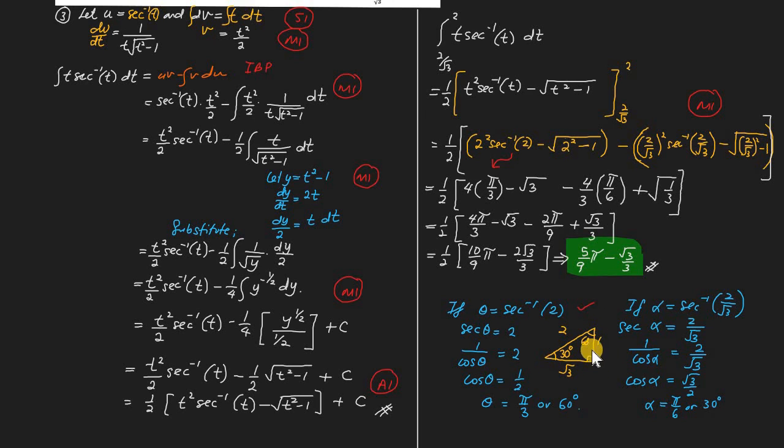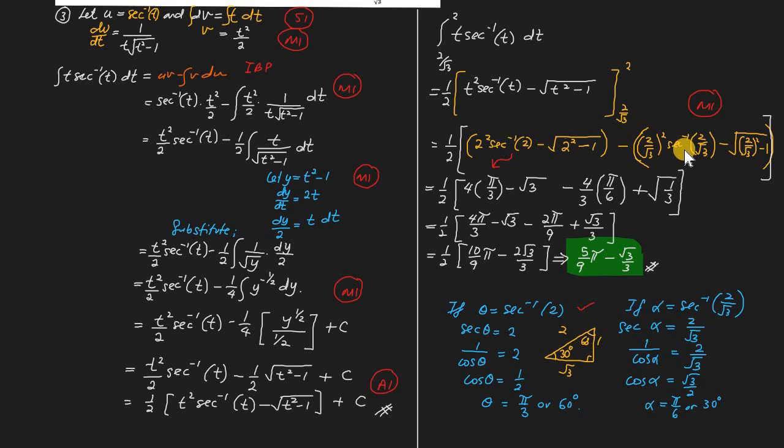To memorize the exact value, it's good to recall the right angle triangle. Cosine by definition is adjacent to hypotenuse. The angle there is 60, and 60 is actually pi on 3. So there we get the pi on 3.